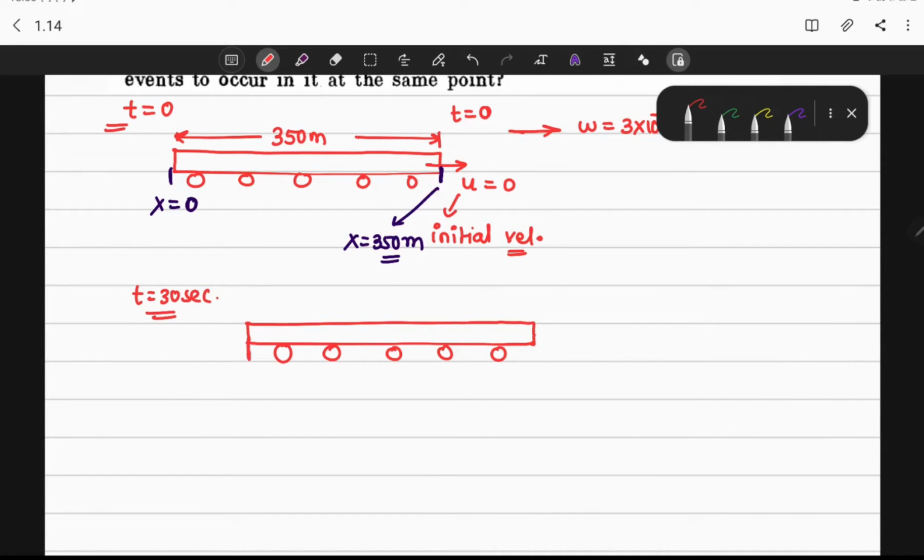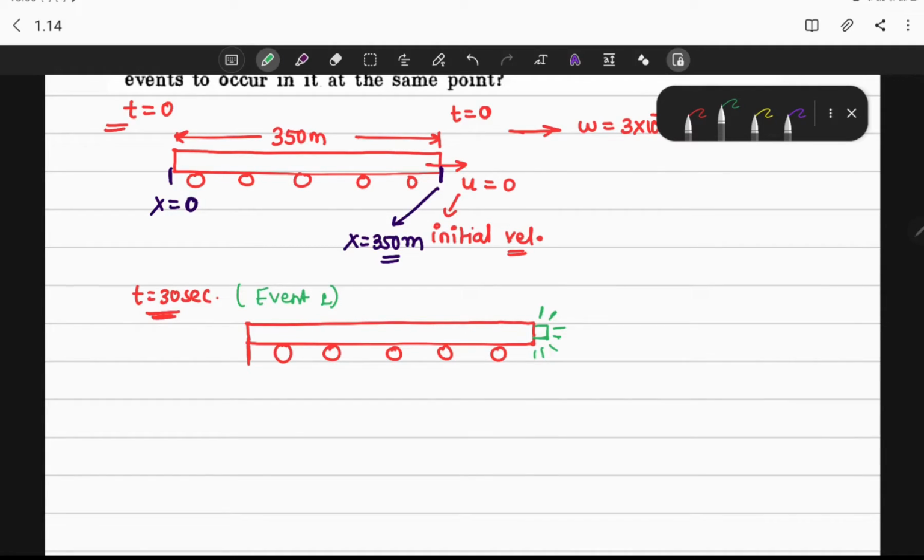This is the configuration at t equal to 30 seconds, where the front headlight is switched on, and this event is called event 1.